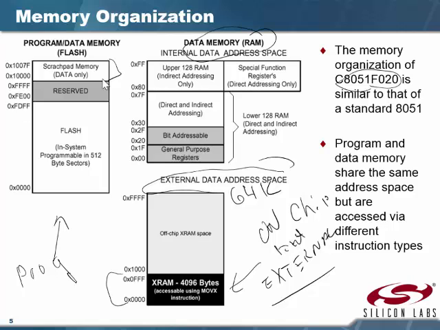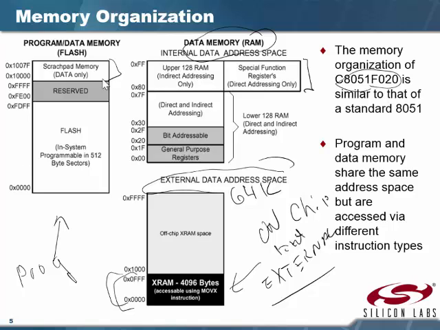Now, the special function registers right here are also part of the data memory. Most of what we're going to use is probably down here in this range, because this is the largest block of memory we've got. As you look at this, we've only got 128 bytes and they're shared with the special function registers.